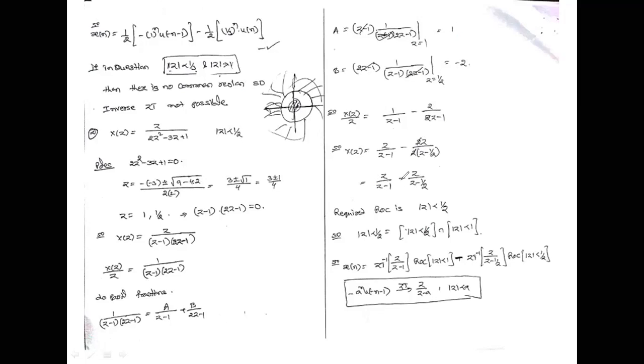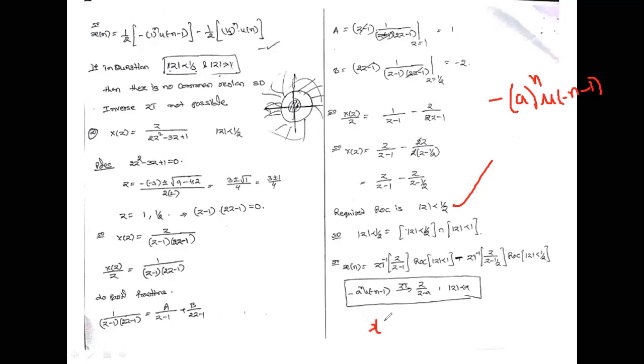So z by z minus 1 minus z by z minus 1 by 2. If ROC is less than 1 by 2, it means minus of a power n mu of minus n minus 1, because it's the left hand side. So the inverse transformation of z by z minus 1 is minus a power n mu of minus n, substitute. And similarly, the z by z minus 1 by 2, a is 1 by 2 here.